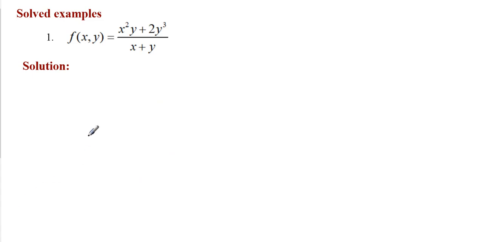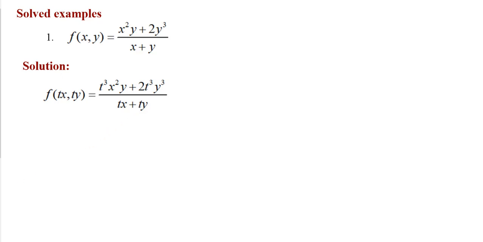Now, taking number 1, we've got f of x, y equal to x squared times y plus 2y cubed over x plus y. To verify that, we start by evaluating f at tx, ty, and we substitute on the right hand side x by tx and y by ty.